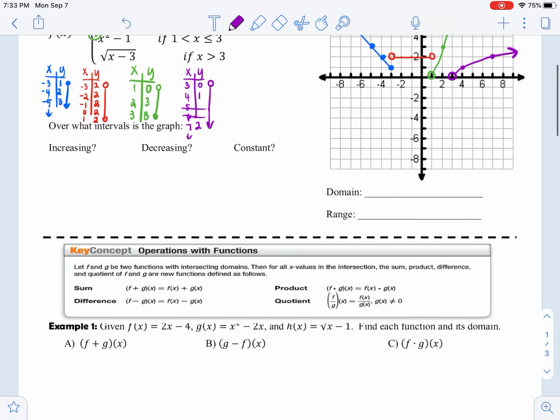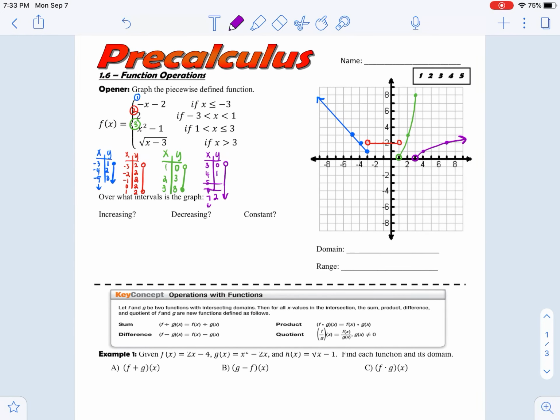The next thing that's asked is a review of domain, range, increasing, decreasing, and constant. So if you haven't done that yet, go ahead and pause the video and try that on your own. Okay, where is it increasing from left to right? The green piece is increasing, and the purple piece is increasing. But realize it's not increasing from the green to the purple, so I have to write them as separate intervals.